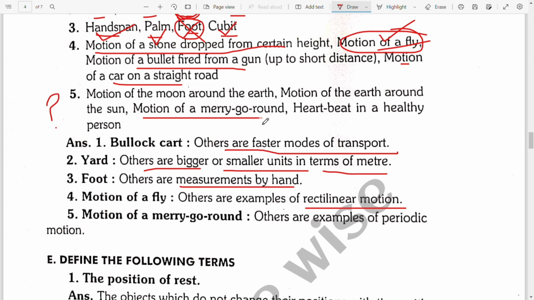Motion of merry-go-round is a periodic motion. Heartbeat of a healthy person is also a periodic motion. So heartbeat of a healthy person is the odd one out. You have to circle this.